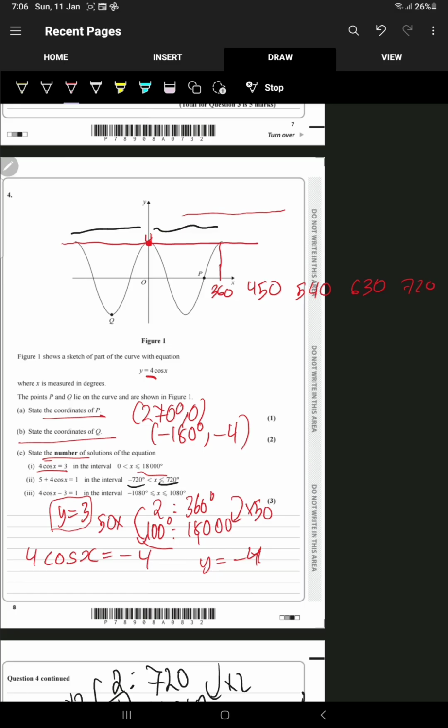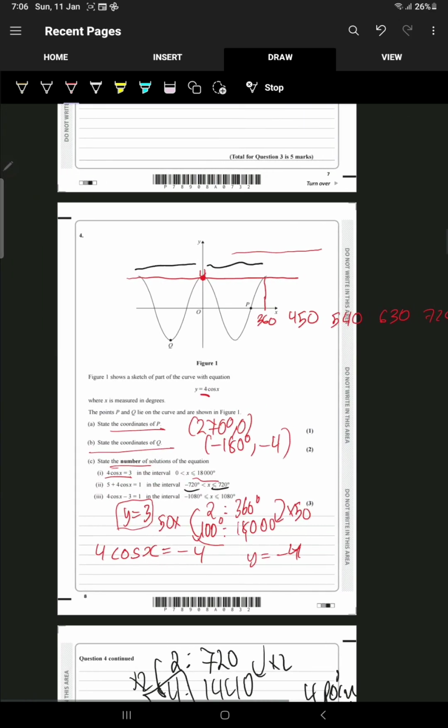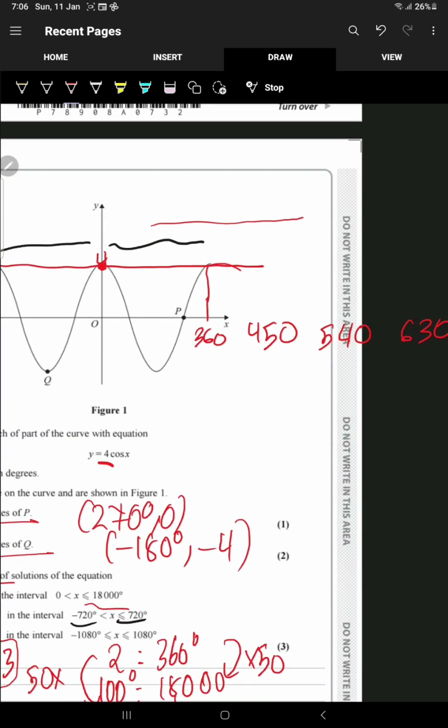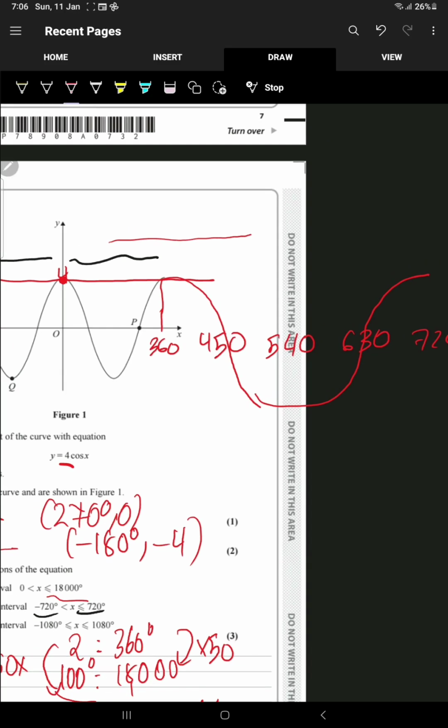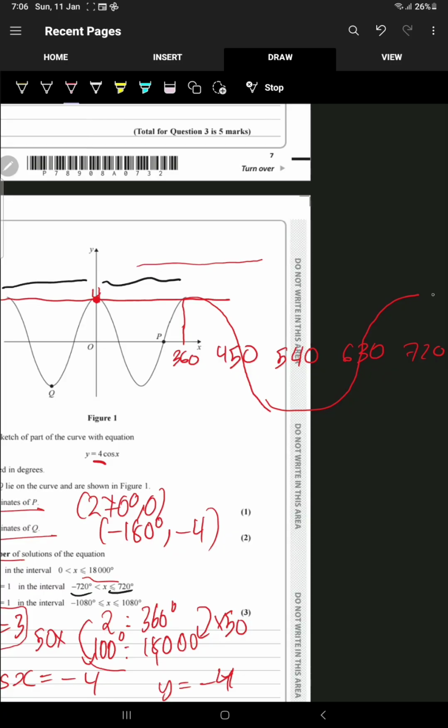Yeah, 360 plus 360, another period of 720. So we can draw another cosine graph here.